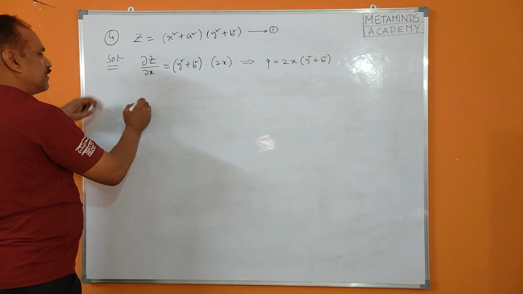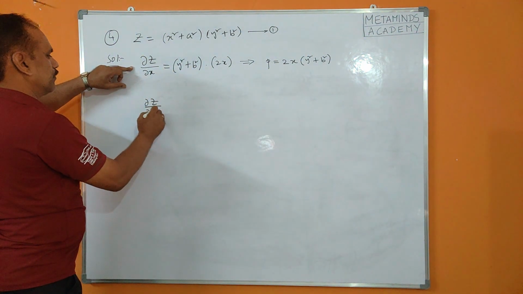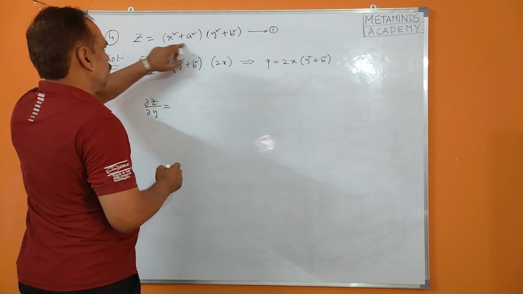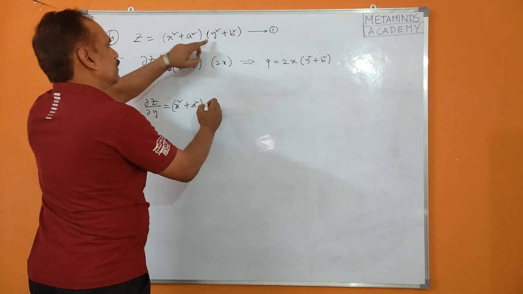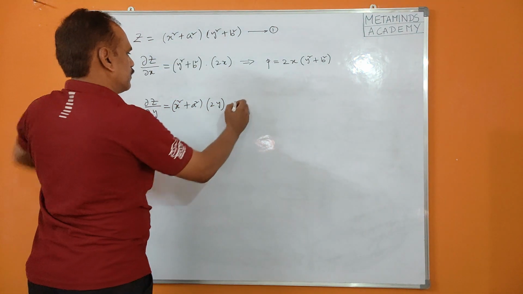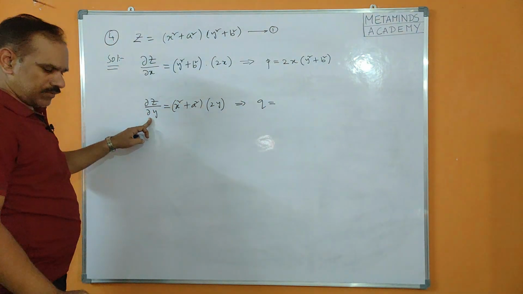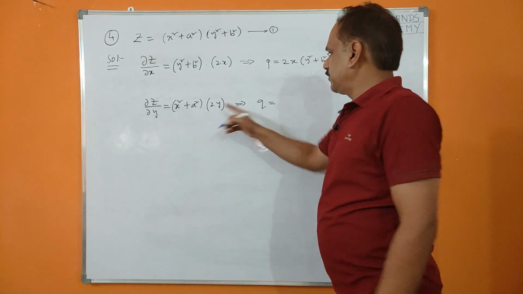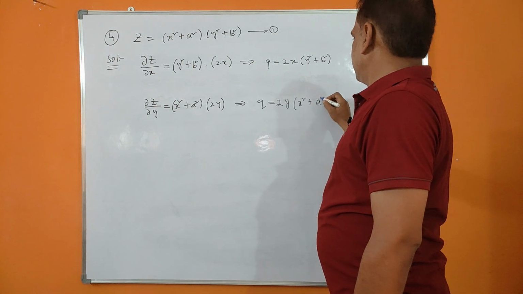And differentiating equation 1 with respect to y, what do we get? Dou z by dou y. There is no y in the first factor, so it is kept as constant. Differentiate the second factor with respect to y, it is 2y. So q equal to 2y into (x square plus a square).